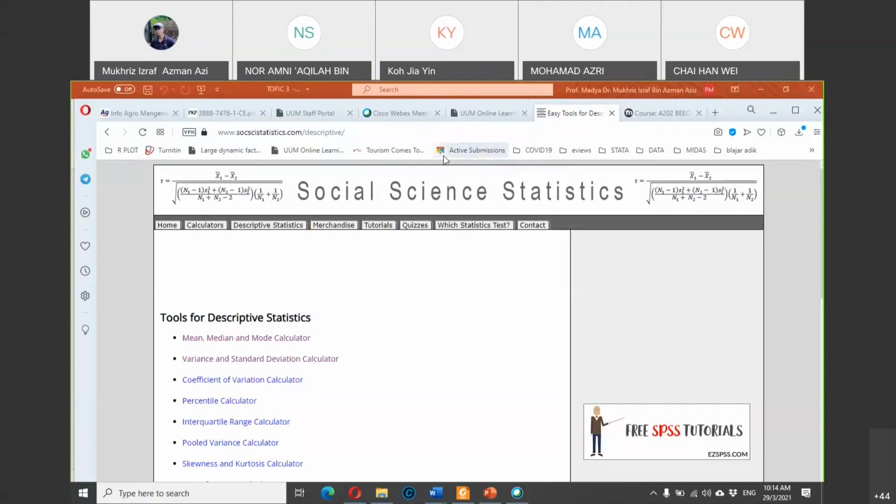So for the calculator, we have this mean, median, and mode, for the calculation of the things that we need to calculate for chapter 3.